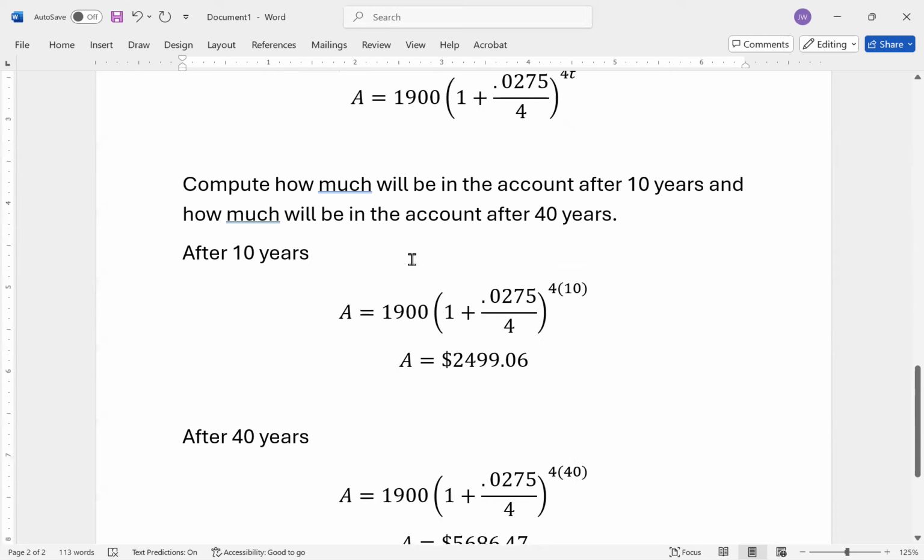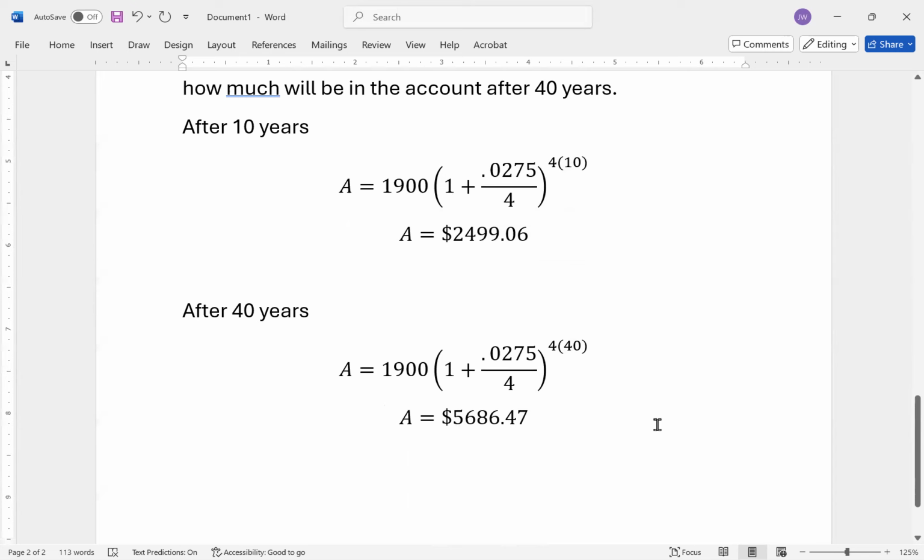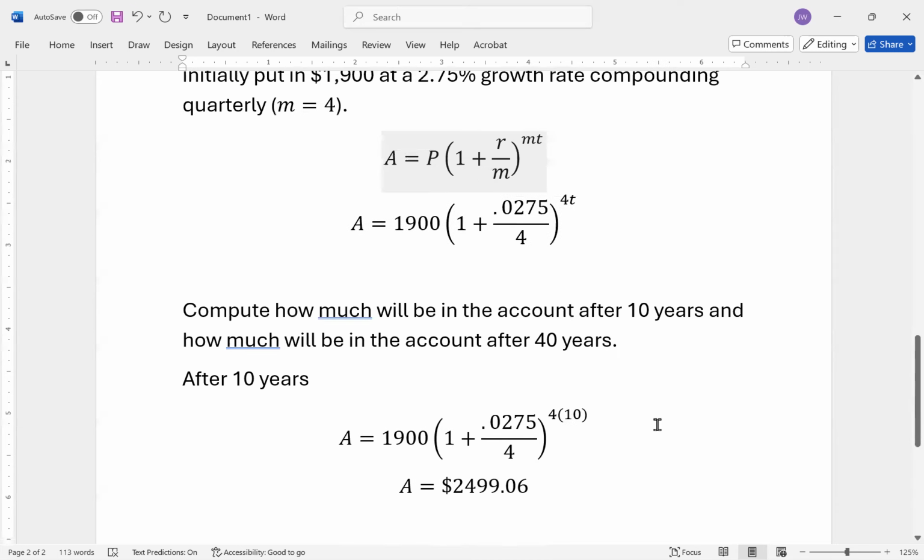And you can see that it has bigger gains as the time increases, but it doesn't have percentage-wise as much gains because our rate of growth is smaller.